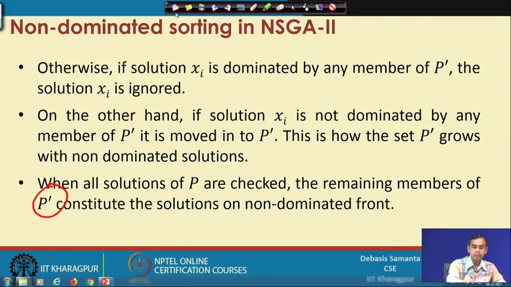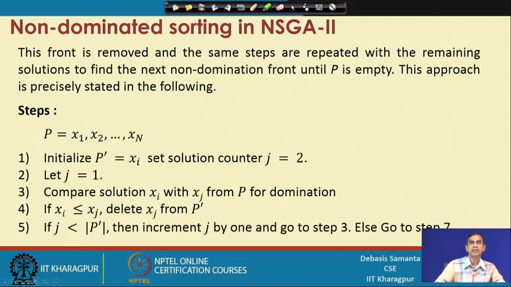So this method is different from the non-dominated sorting procedure in NSGA, and it is faster than the procedure in NSGA. This way it is a fast method of finding the non-dominated sorting front.